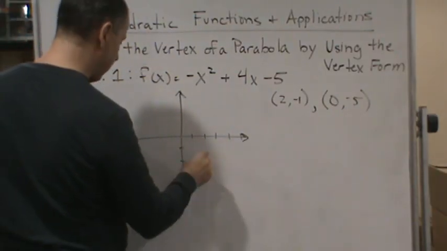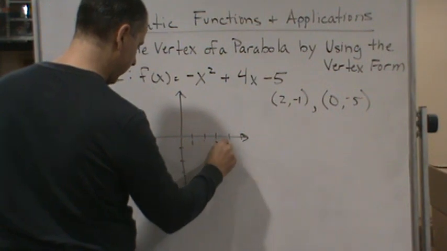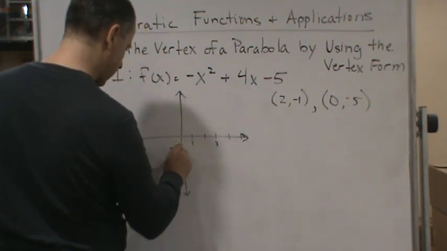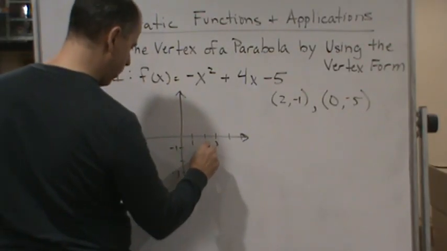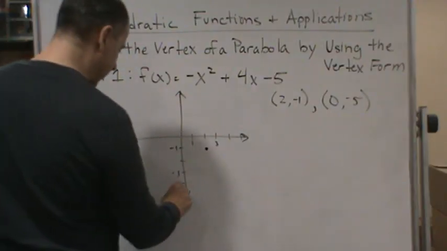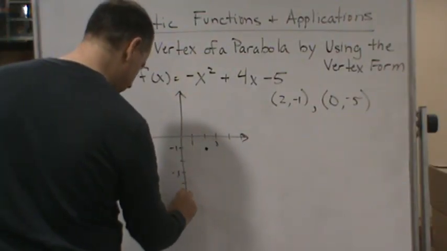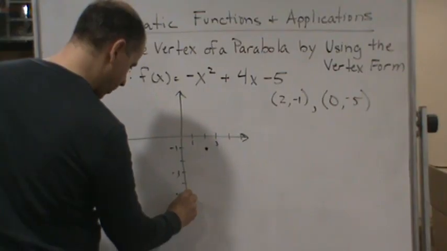We know (2, -1), so our vertex is right here. We know (0, -5) is going to be our y-intercept, so right there.